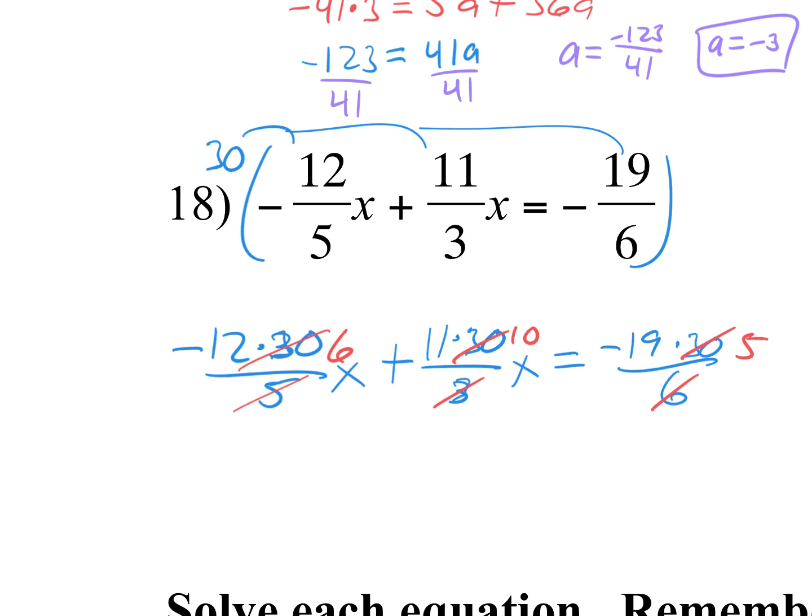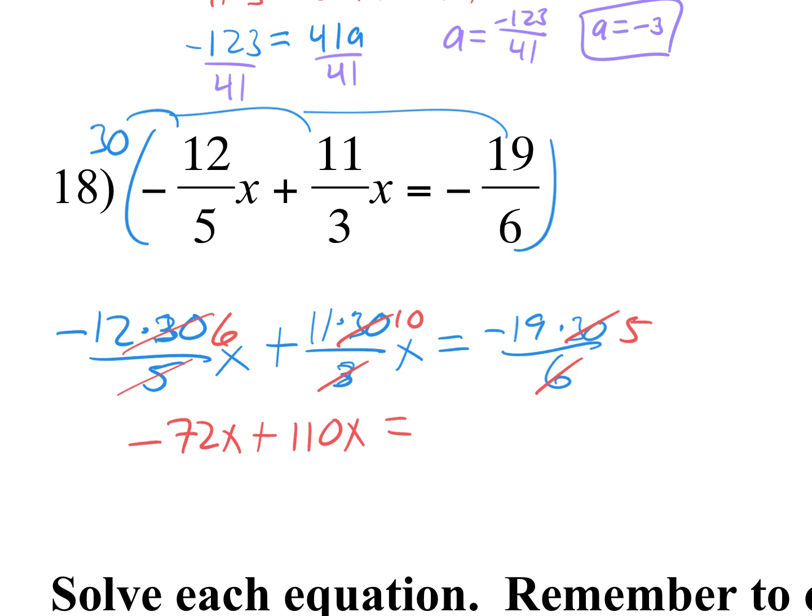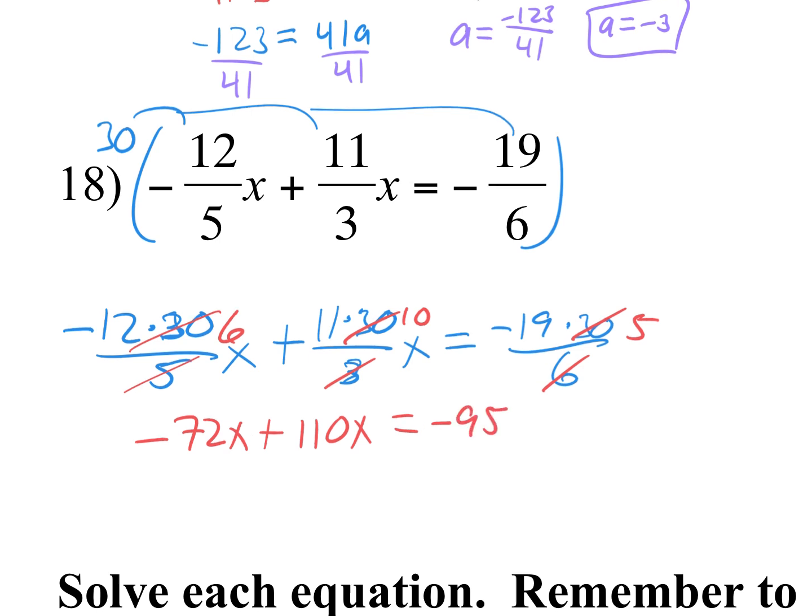So here we're just left with negative 12 times 6 is negative 72x, and then plus 10 times 11x is going to be 110x, and this equals negative 19 times 5 is negative 95.